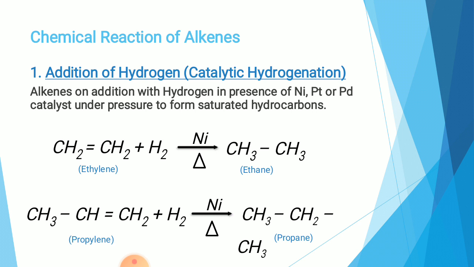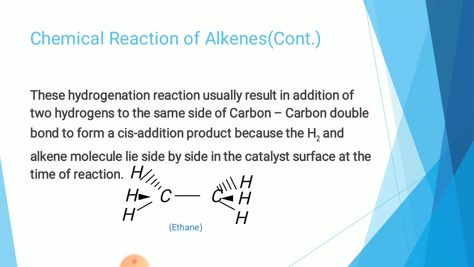Then in the next reaction, another alkene compound, propylene, when it interacts with hydrogen in presence of nickel catalyst, forms propane. Here also the hydrogen is attached across the carbon-carbon double bond. So finally it is forming the alkane called propane.